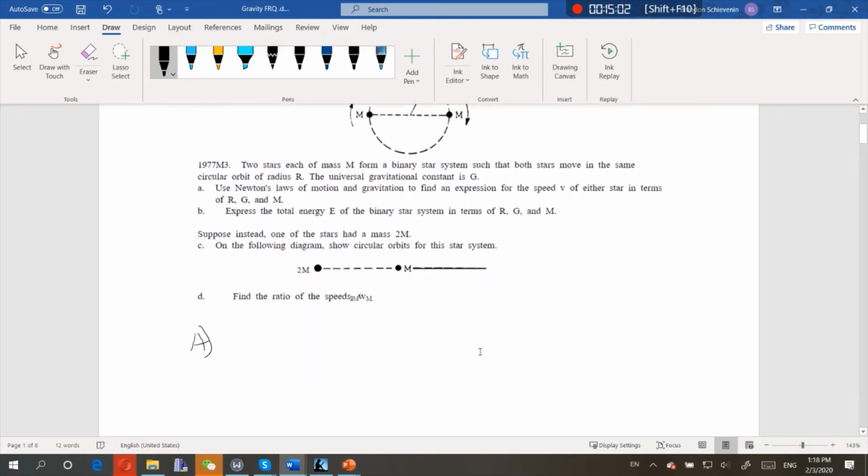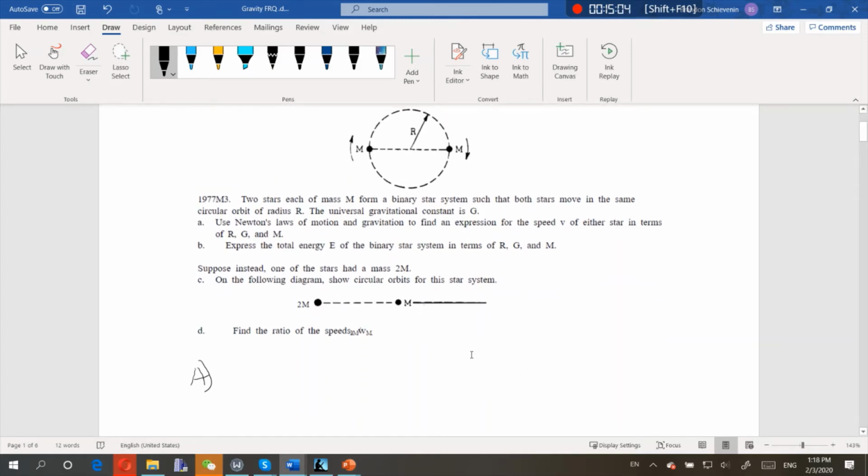So Newton's law of motion and gravitation to find an expression for the speed. What if we memorize the equation? I do think they want you to actually solve here. Okay, I'll check their scoring guide afterwards, though.